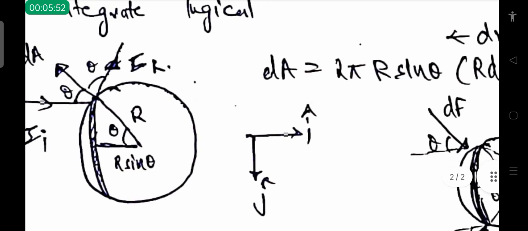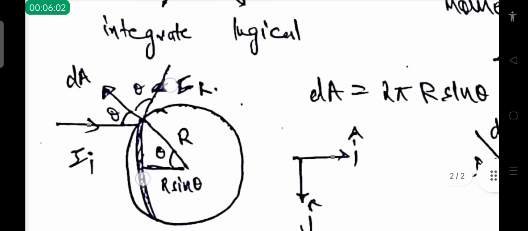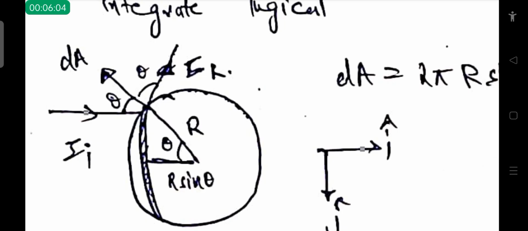Next I'll take a part dA on the surface of this sphere, because light is incident on the outer part and does not penetrate inside, so it is completely reflecting.